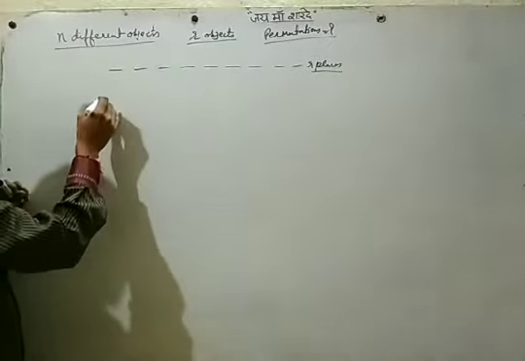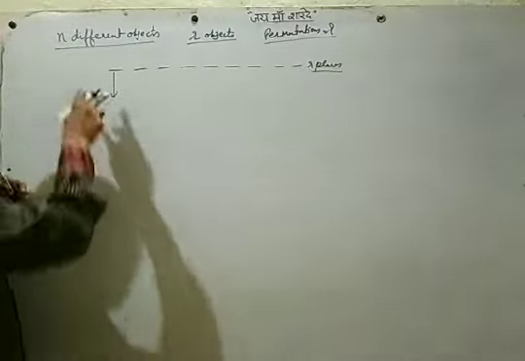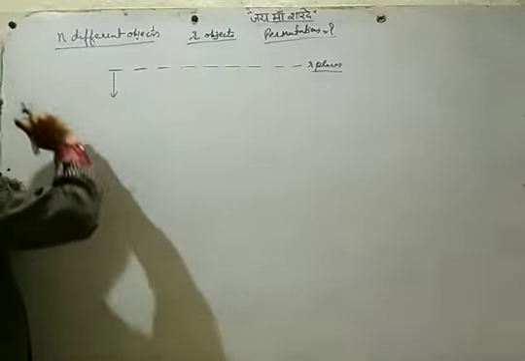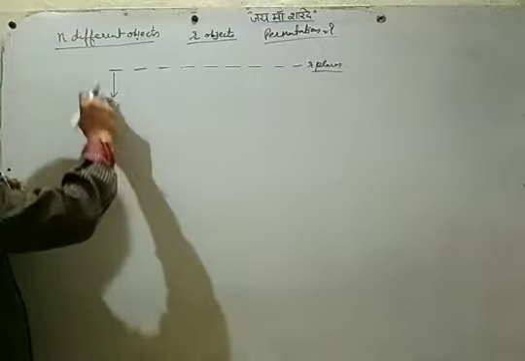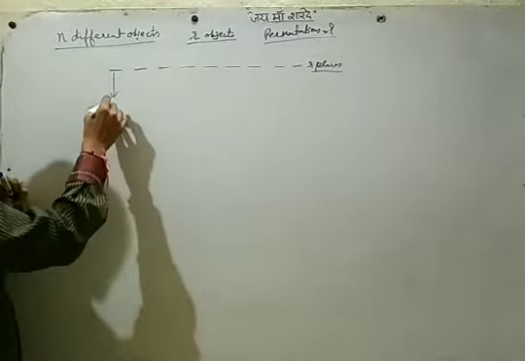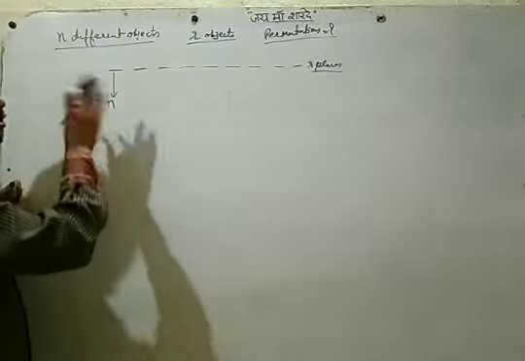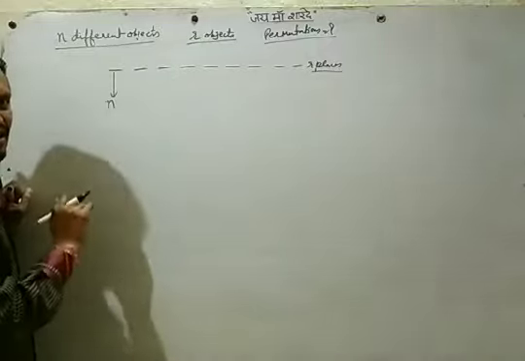So in how many ways can the first place be filled? We have n objects, so in the first place all n objects can come. It means for the first place we have n options. Now we cannot repeat any digit.